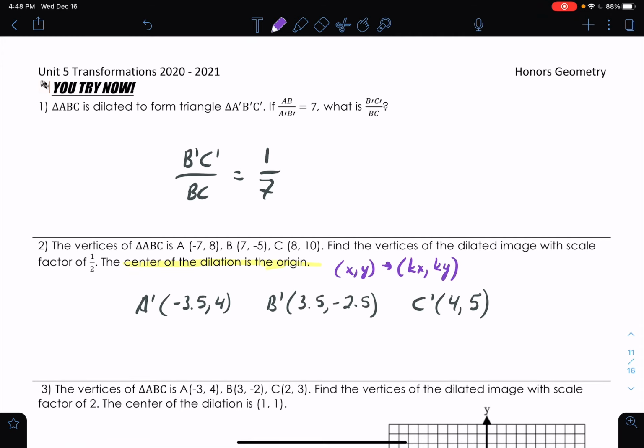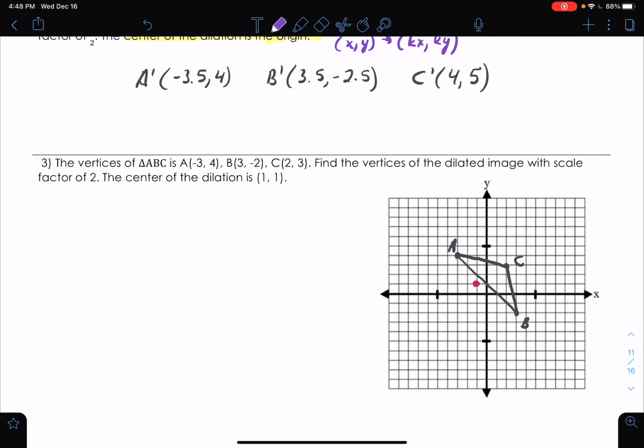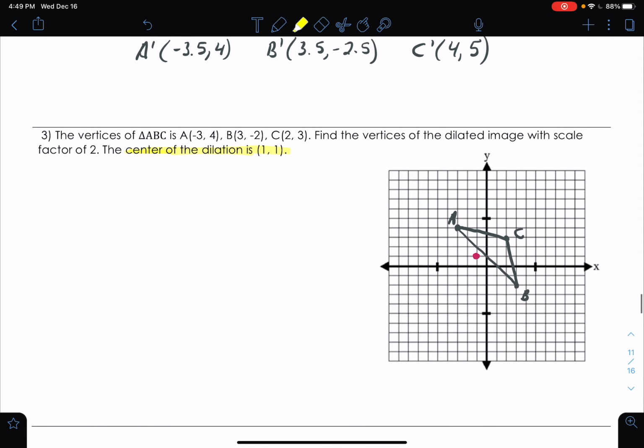All right. If we have an example like number 3, where our center of dilation is 1, 1, I can't just multiply my coordinates. This one's going to work a little differently. So plot number 3 real quick, and then I'll explain how to go about this one. All right, so here, let's find A', B', C'.